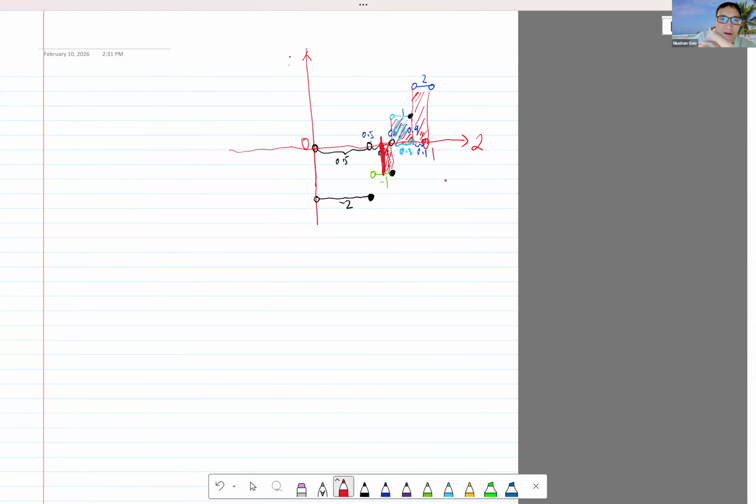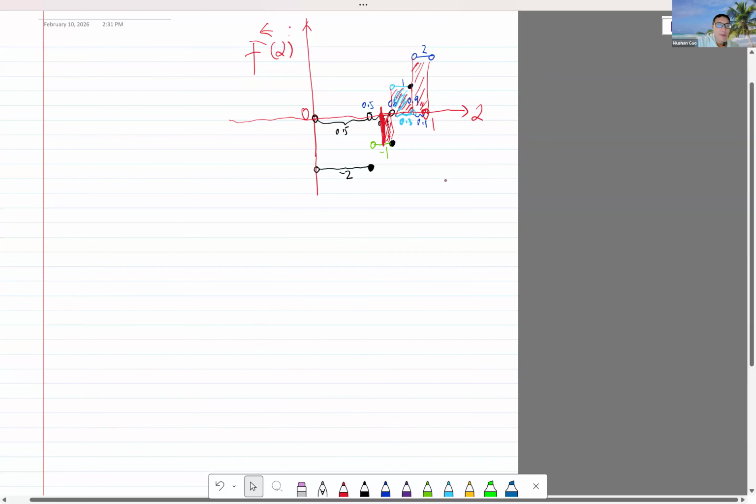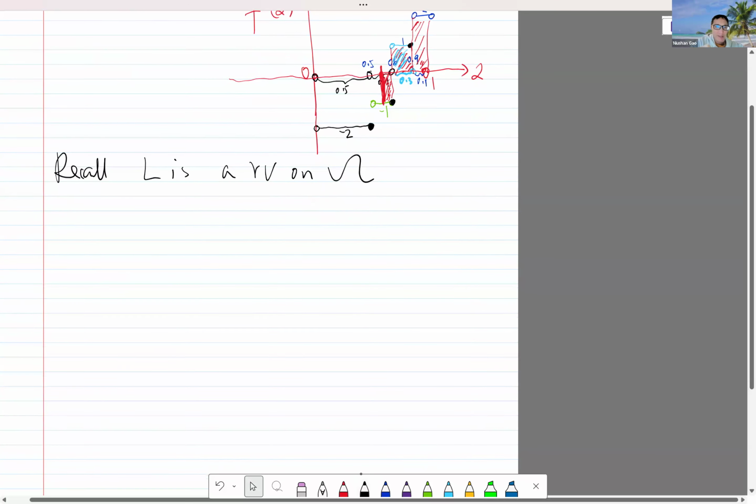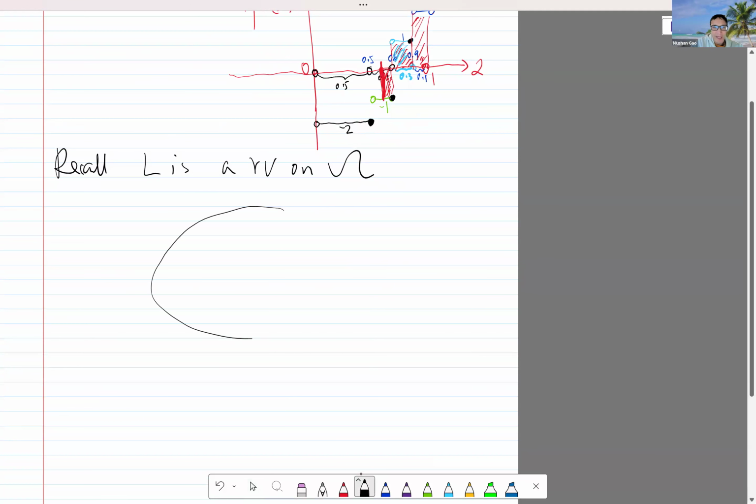Instead of using the graph of f left arrow, I can also get back to, recall, L is a random variable on a sample space omega, right? So let's say omega looks like this.